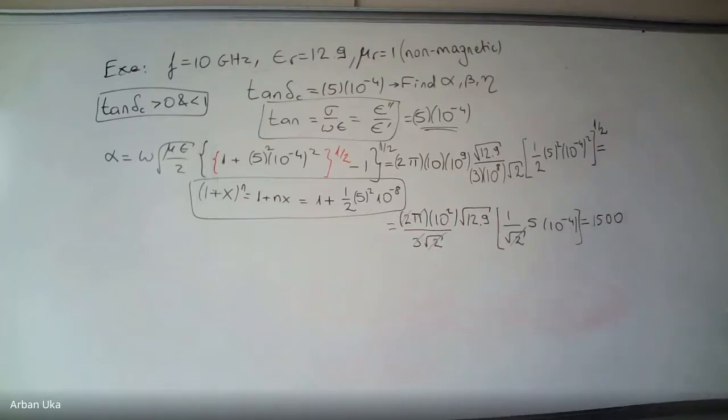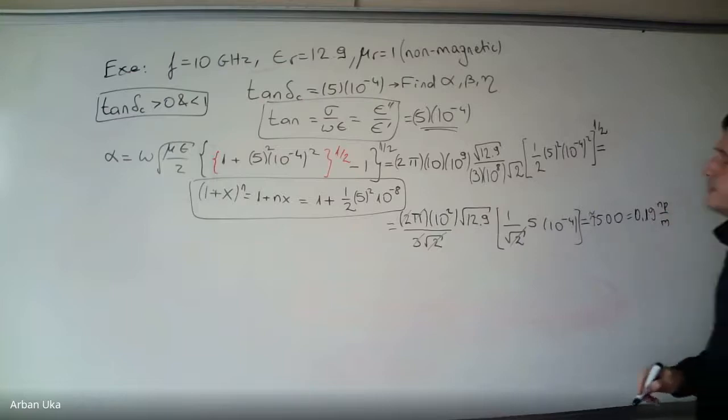So the value of alpha, in this case, we said 0.15, the exact value is 0.19, approximately. So this is going to be 0.19 Np per meter.